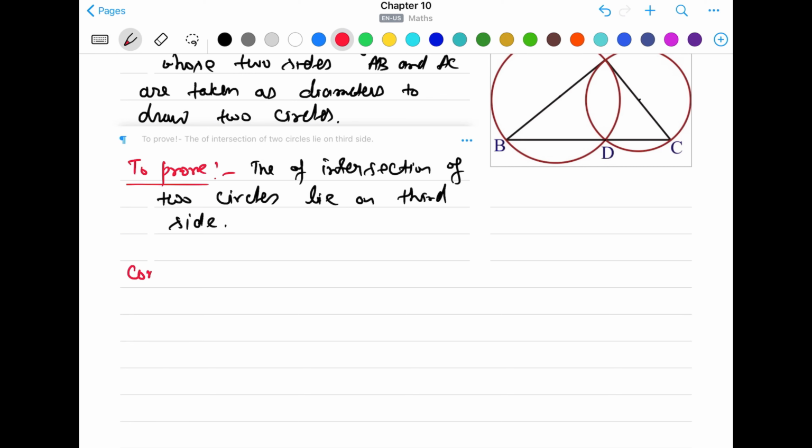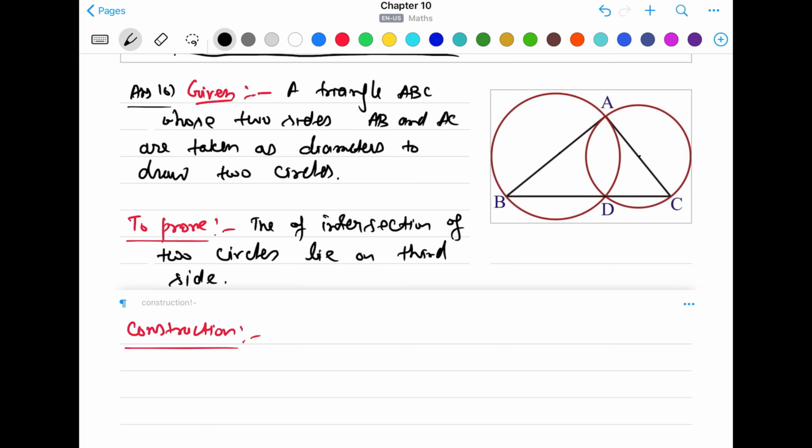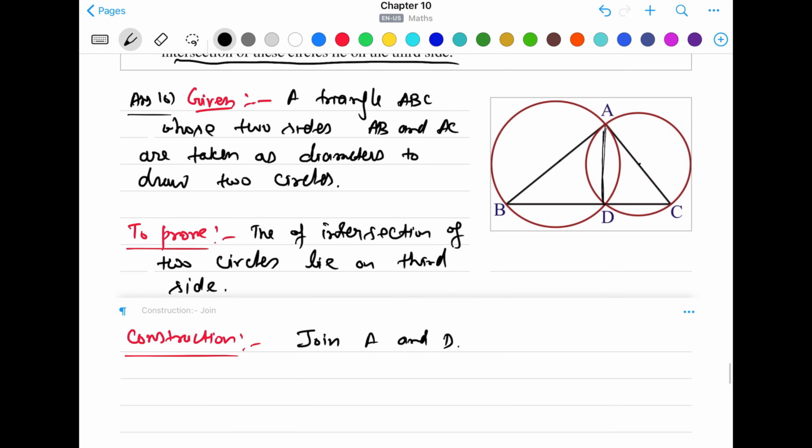Before starting the proof, we'll do one construction. That construction is to join this AD. Construction: join A and D. Now what we are going to do is prove that these two angles ADB and ADC are forming a linear pair.